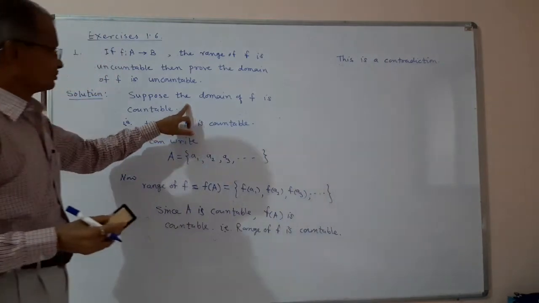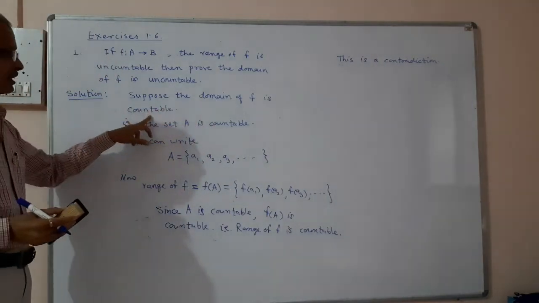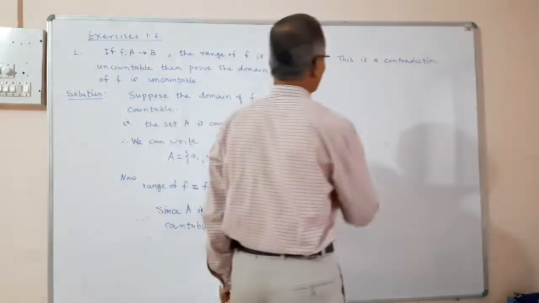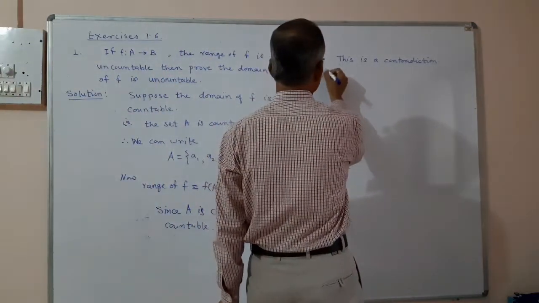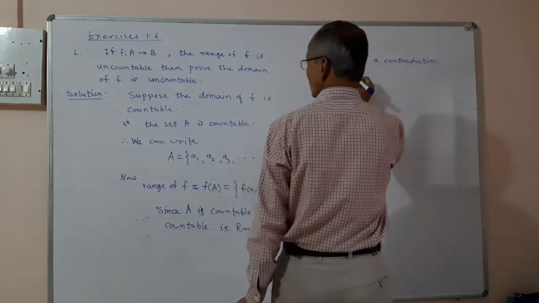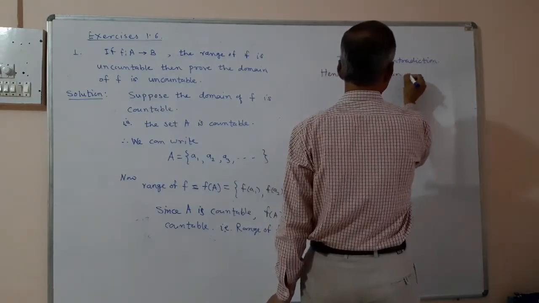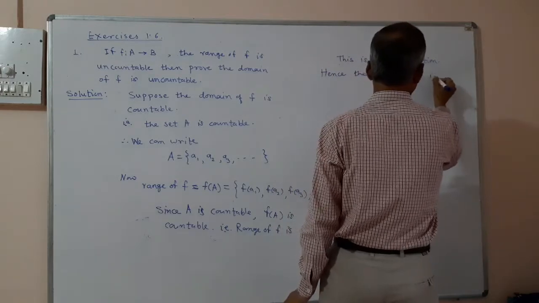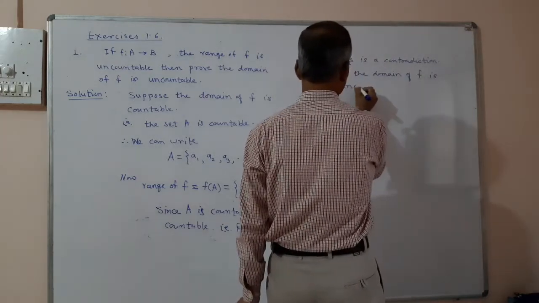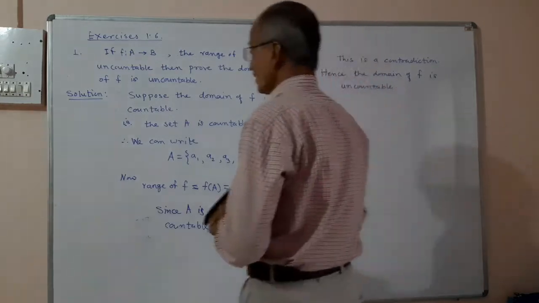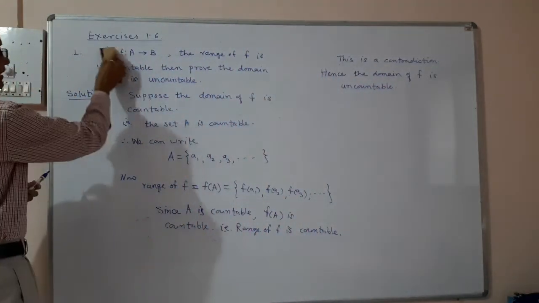We have assumed the domain of F is countable, and thus the domain of F must not be countable, that is uncountable. And hence, the domain of F is uncountable. So this proves the result.